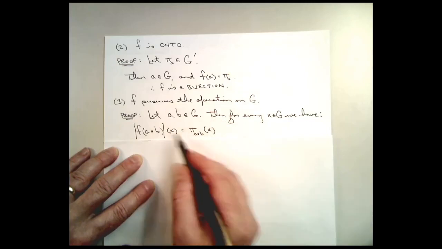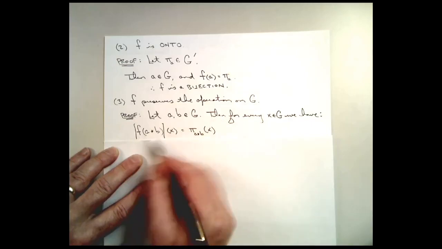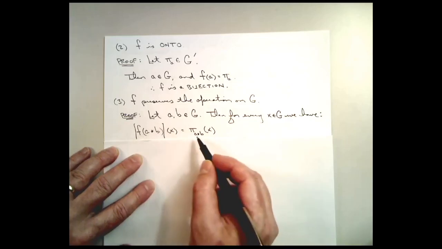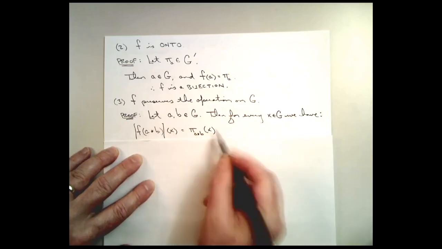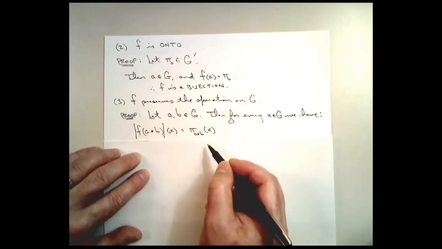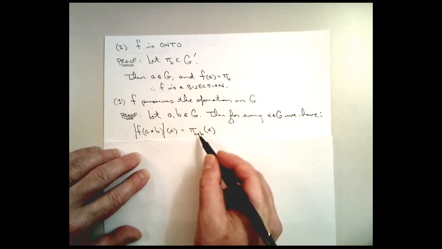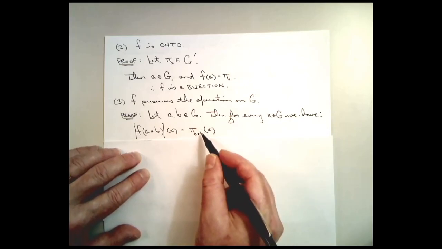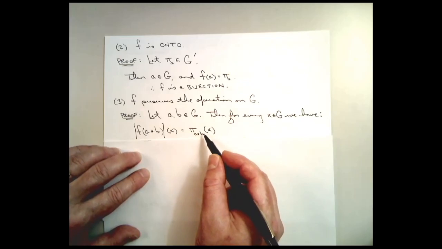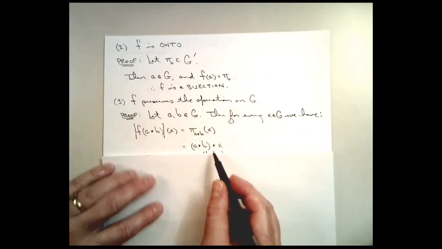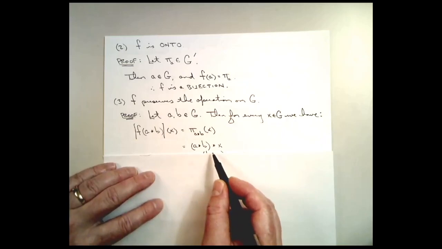And so I have that this function applied to X is equal to this. But by definition of how I've defined my pi's, this is going to be A star B times X. Yes?